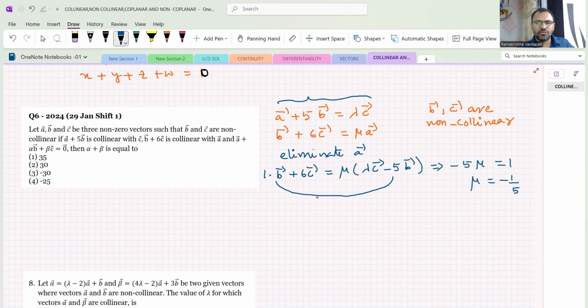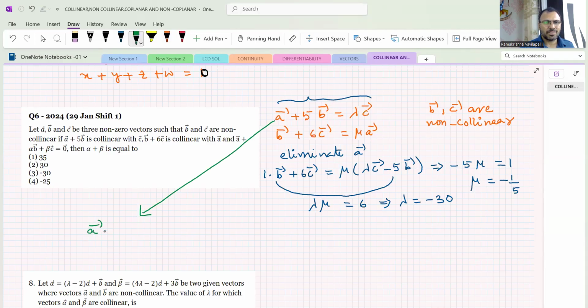And lambda into mu is equal to 6 implies what is lambda value? Lambda value equal to minus 30. Okay, so substitute here. A bar plus 5B bar equal to lambda C bar.